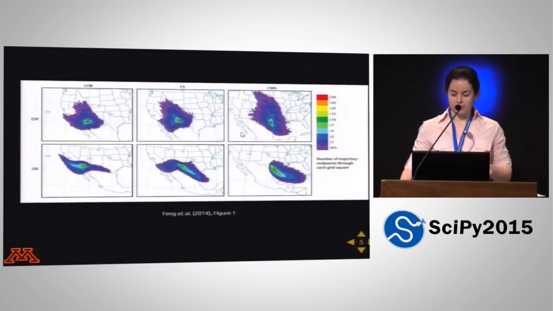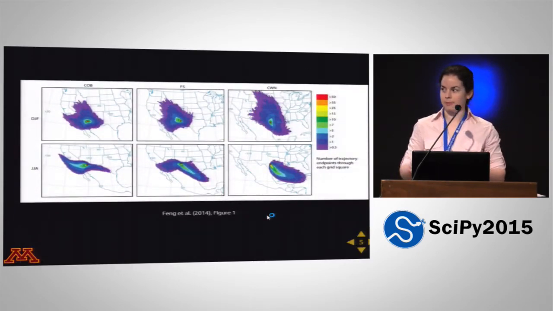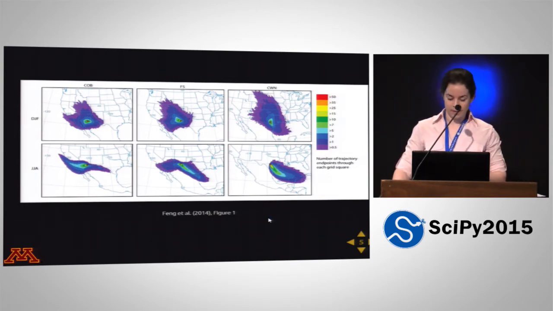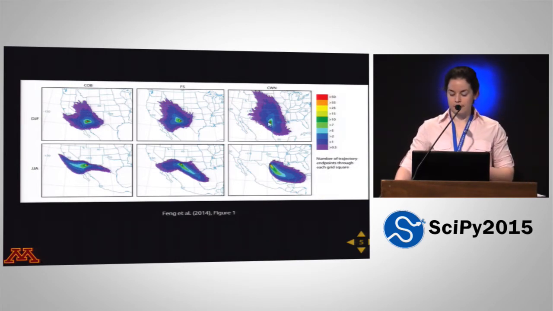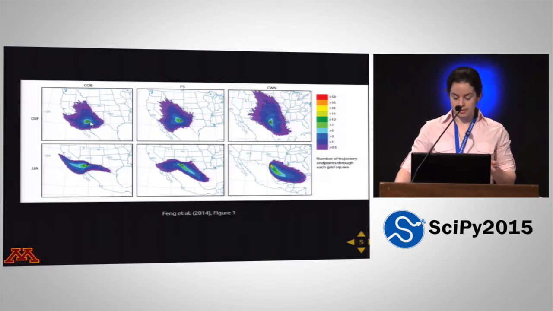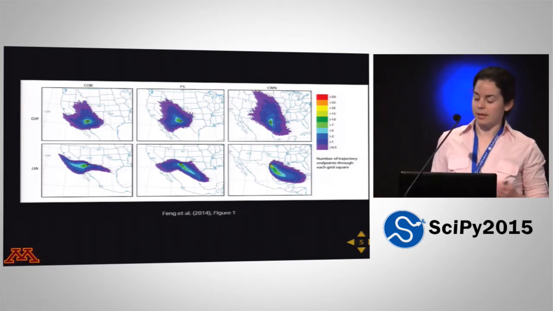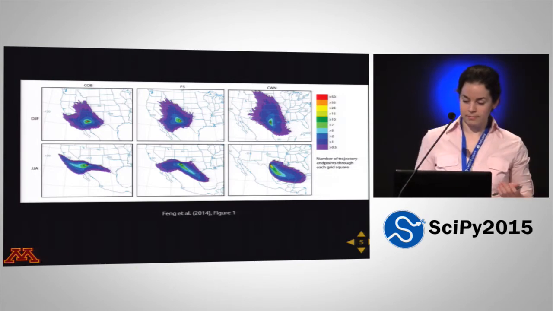And in the academic realm, people use HYSPLIT for a variety of purposes as well. So this is from a relatively recent paper. It's actually a paleoclimate paper, but they use HYSPLIT to look at regional circulation at 3 different paleoclimate sites and use that to help their interpretation of the differences between these records.